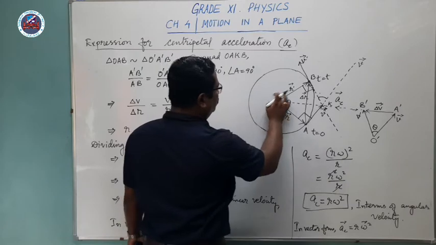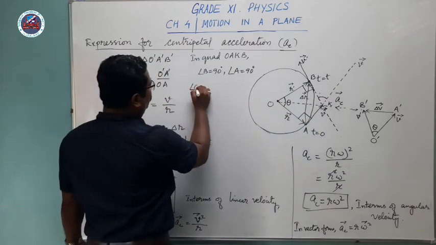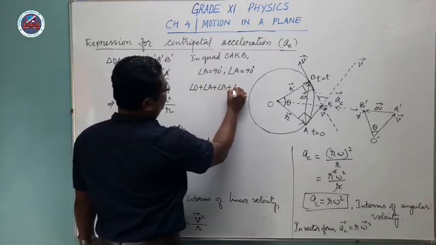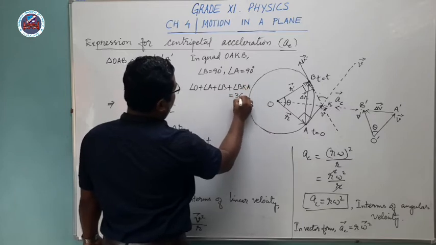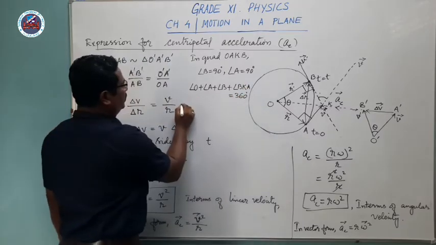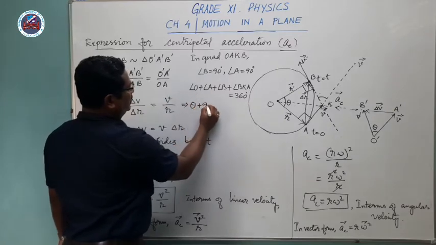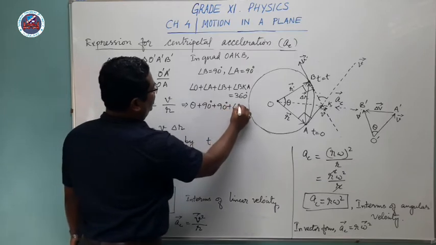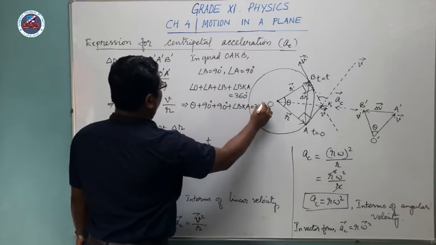The sum of all the four angles in a quadrilateral is 360. So angle O plus angle A plus angle B plus angle BKA is equal to 360 degree. And if I put the values here, angle O is theta, angle A is 90 degree, angle B is 90 degree.